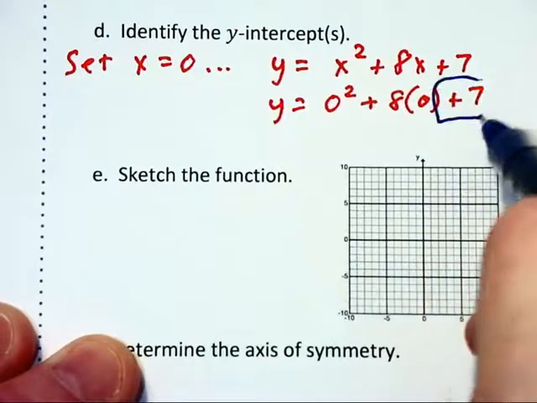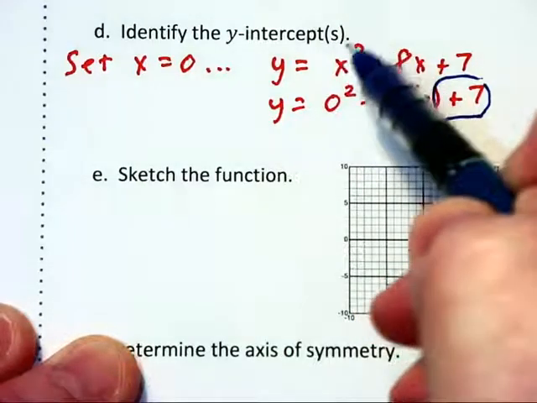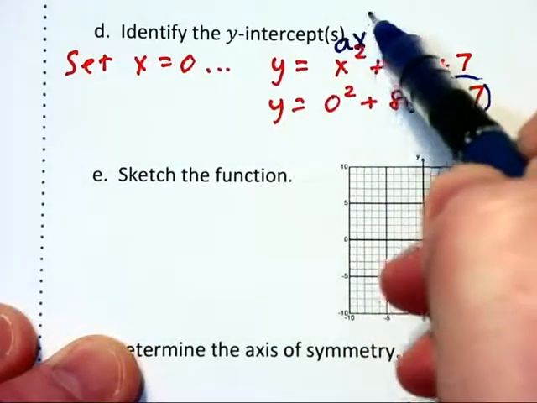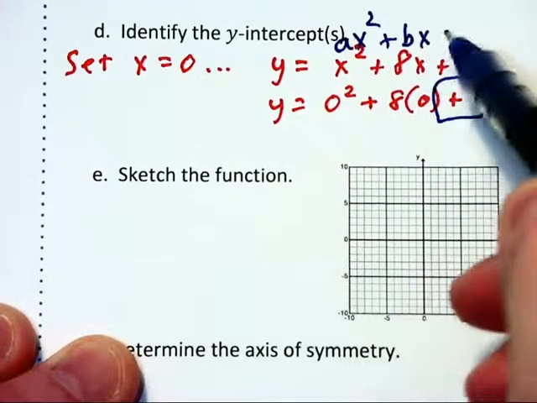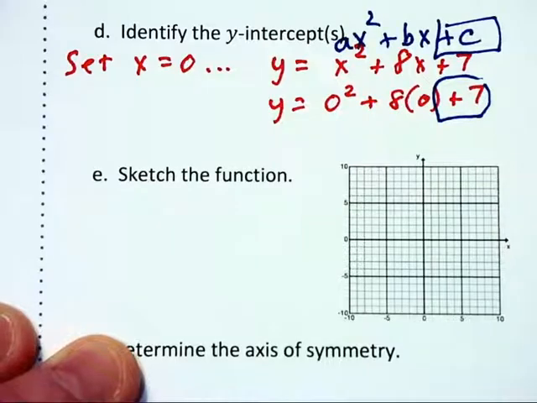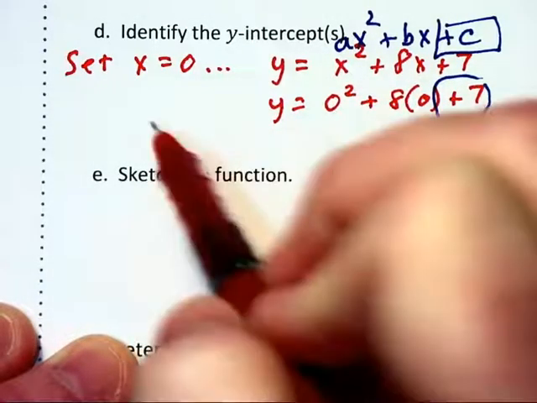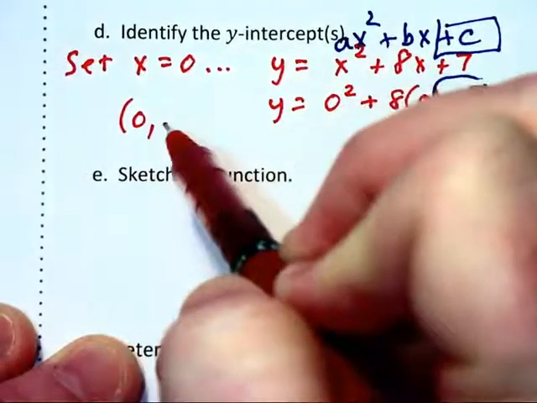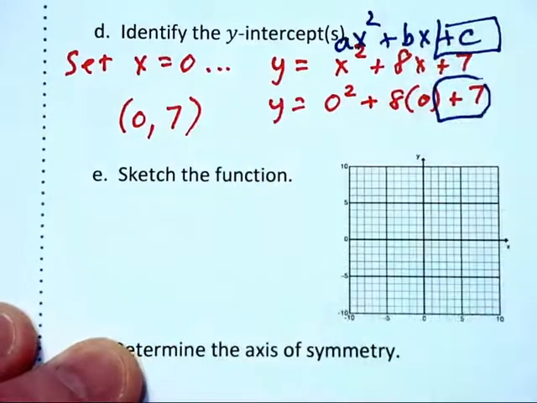And it turns out that whenever you have the equation in the form ax squared plus bx plus c, the value c will be your y-intercept. We will have a y-intercept at 0, 7.